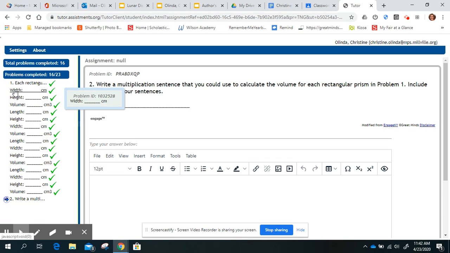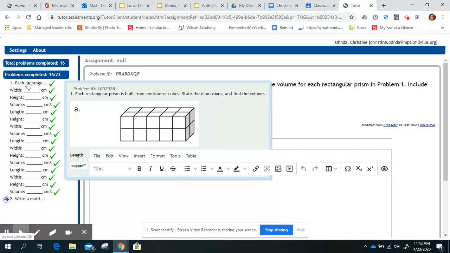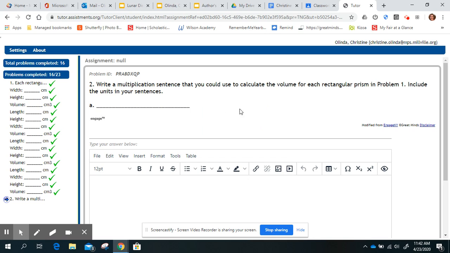So if I look here again and I hover over 1A, because I'm working on 1A, the picture will come up, and I know that the length was 5, the width was 2, and the height was 2. So my multiplication sentence will be 5 times 2 times 2. I'm not typing it here. I have to type it in the box here.